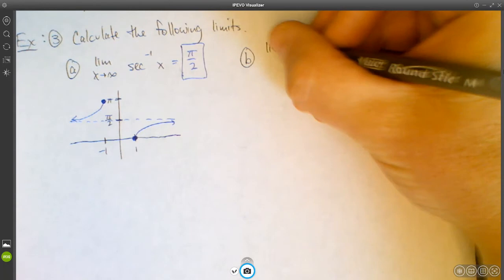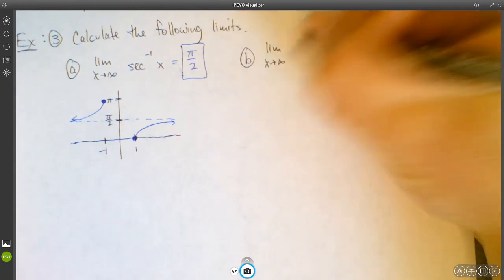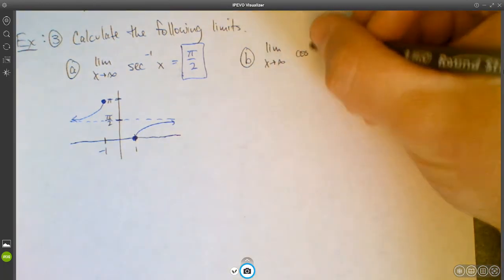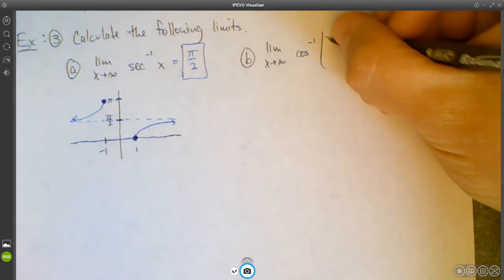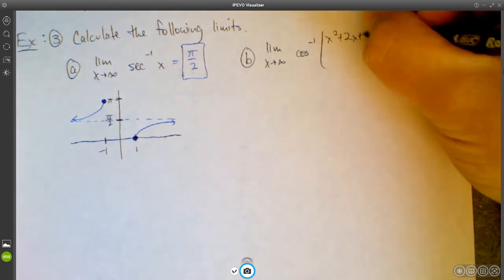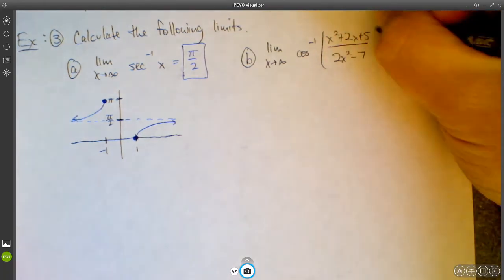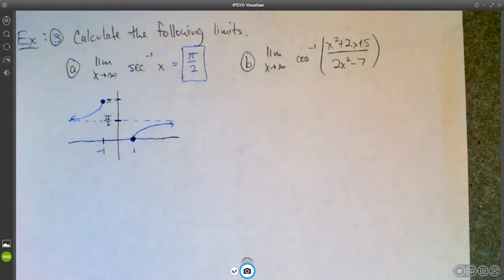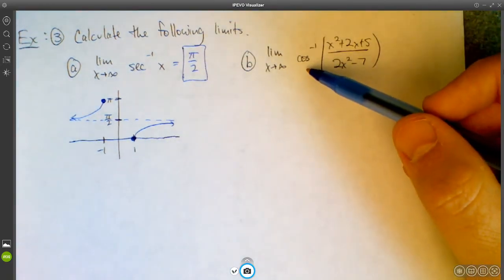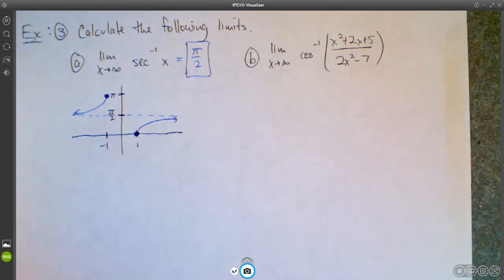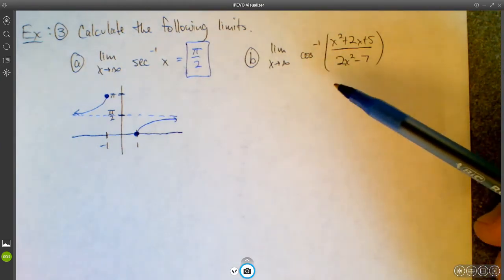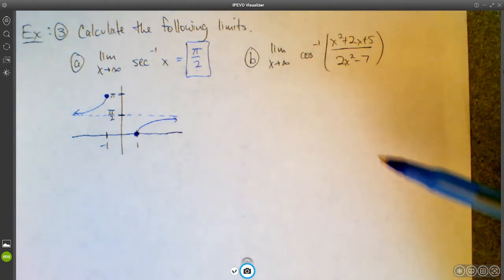We'll do limit as x approaches infinity of cosine inverse of x squared plus 2x plus 5 over 2x squared minus 7. Now, because the trig functions are continuous, and because inverse functions are continuous if the parent functions are, cosine inverse, or the inverse trig functions in general, are also continuous on their domains.